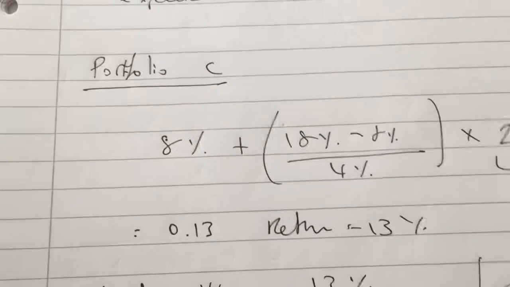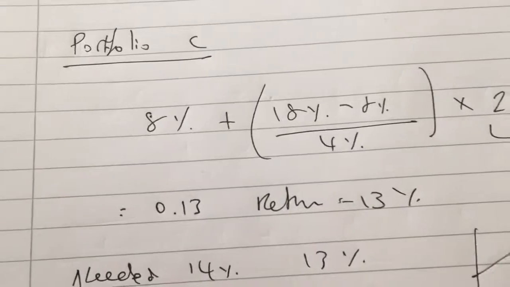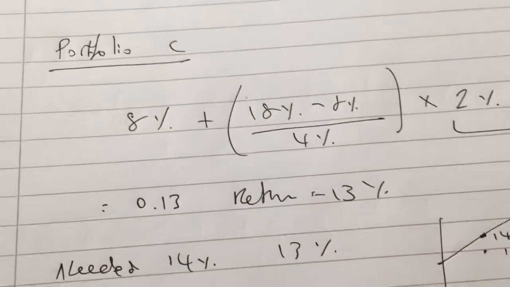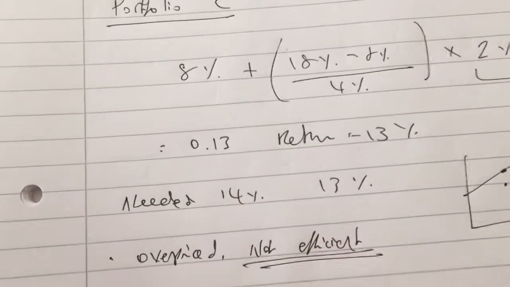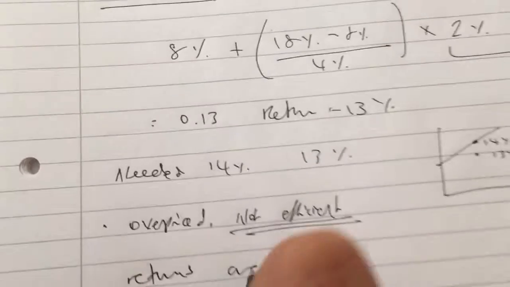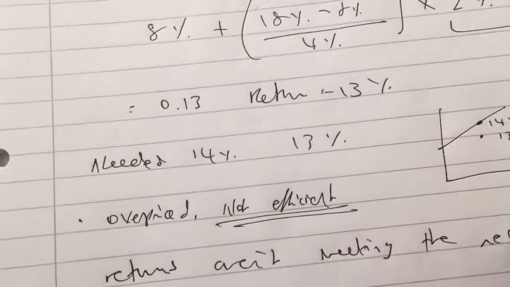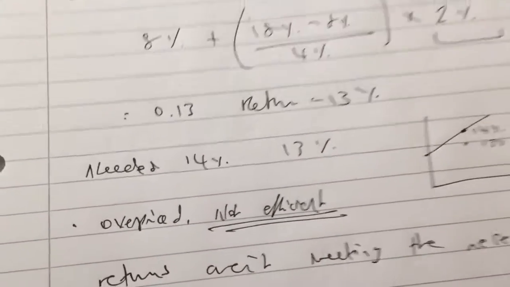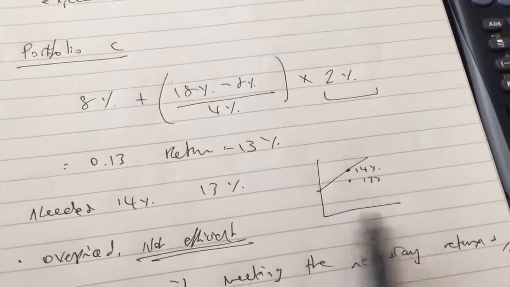That means the portfolio is overpriced and it's not efficient, because it's not meeting the expected returns. This is the CML line graph that we need, and that's it.